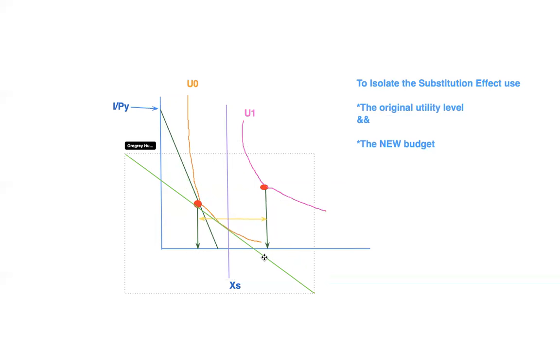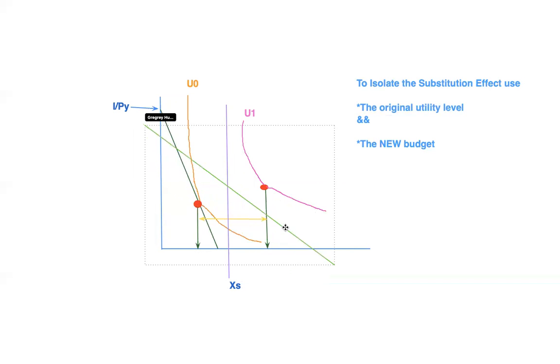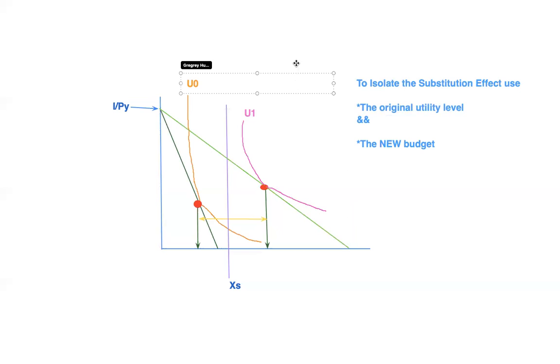That would identify XS for us. And we'll talk more about that in a minute. So I'm going to leave this, but I did that so you could see what I'm trying to do is a parallel shift of, let's see if I can, it won't let me.